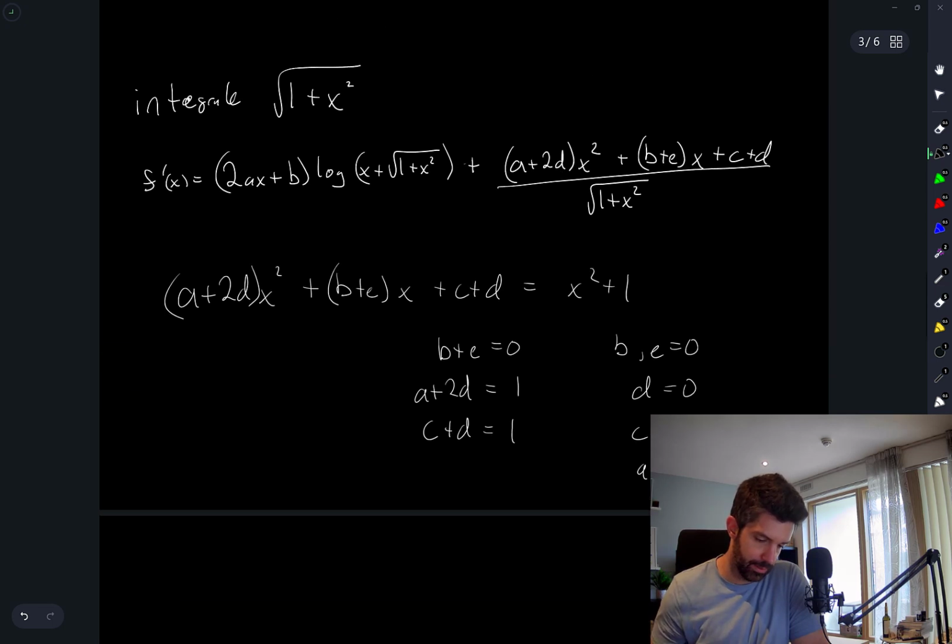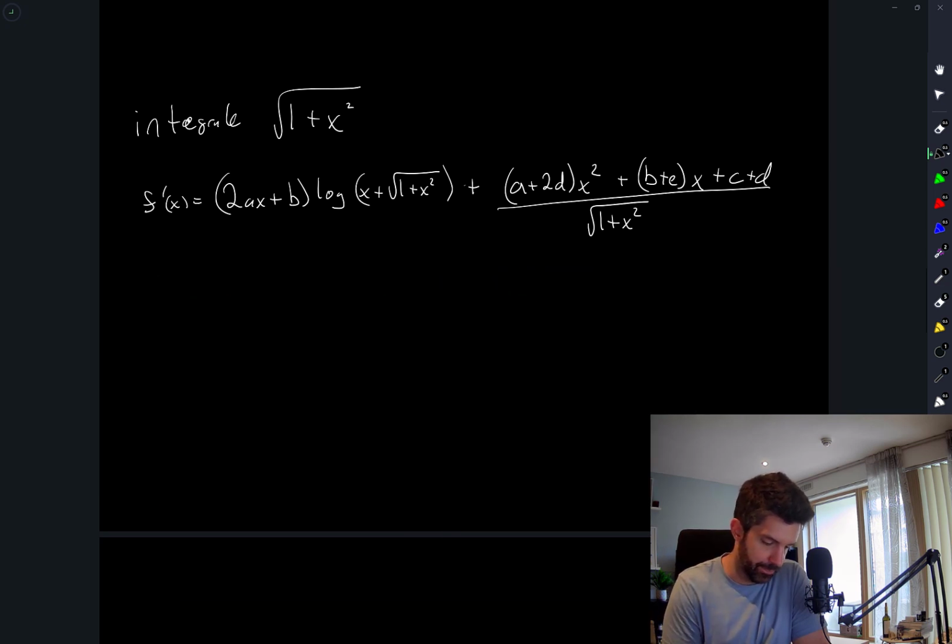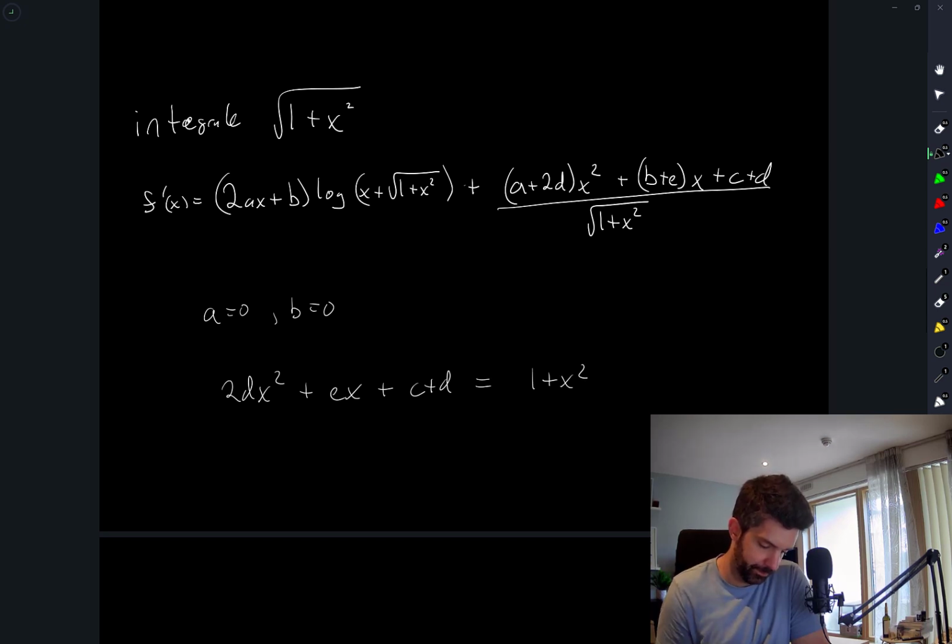I need the first part to be 0. So I need A is 0 and B is 0. So this means 2dx squared plus Ex plus C plus D has to equal 1 plus x squared. So D is equal to 1/2. This says C is equal to 1/2 and E is equal to 0.